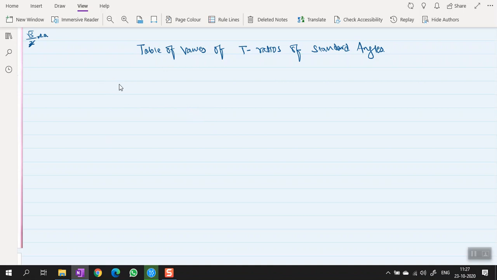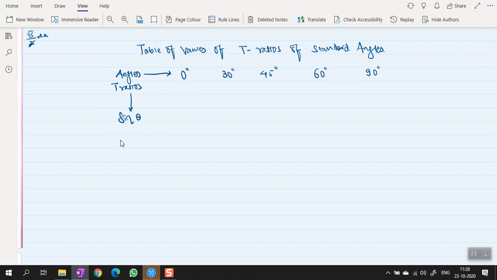So in this table, you're going to write angles over here, and you're going to write T ratios over here. The first T ratio is sine theta, and the theta will be over here. First is 0 degree, then 30 degree, then 45 degree, then 60 degree, then 90 degree.